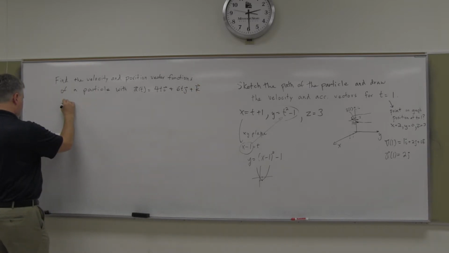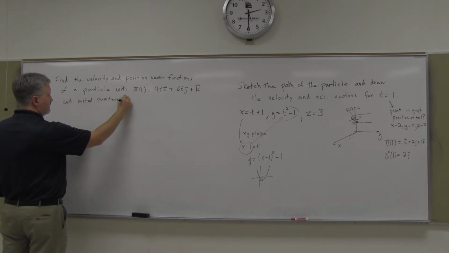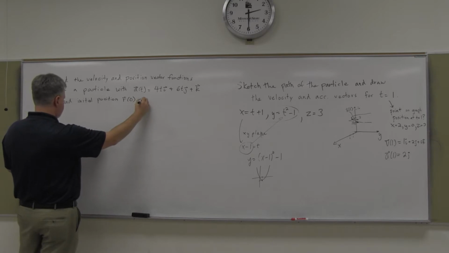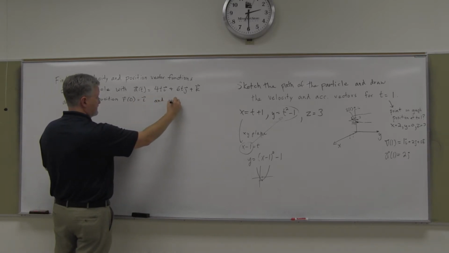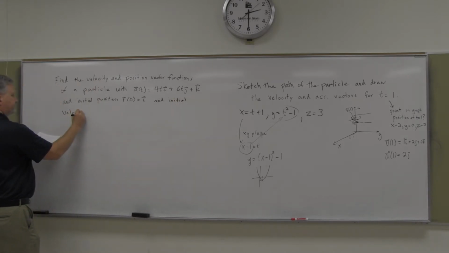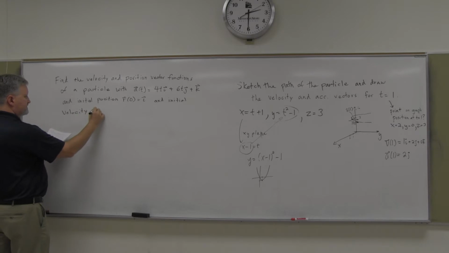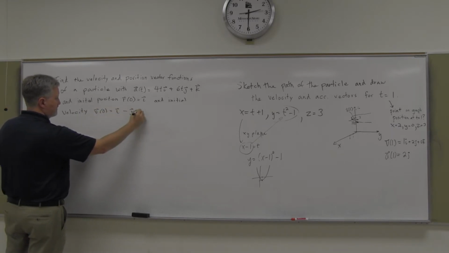And there's some other information: initial position r of 0 equals just i, and initial velocity v of 0 is i minus j plus k.